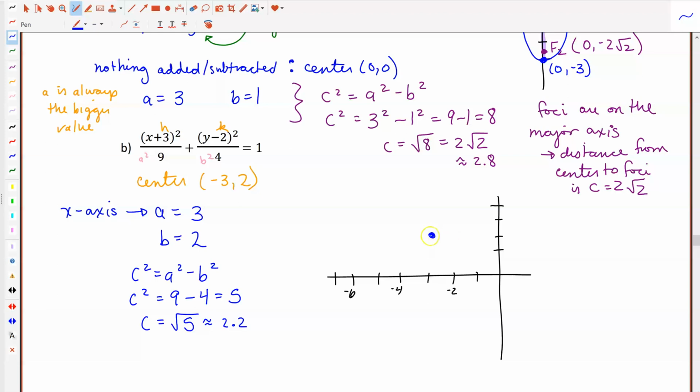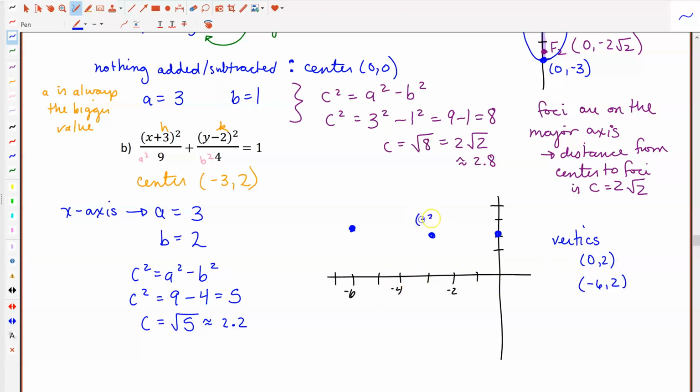Alright, so I'm going to go out 3, 1, 2, 3, get a vertex, 3 in the other direction, 1, 2, 3, that gets me my other vertex. So my vertices are going to be at 0, 2, and at negative 6, 2.